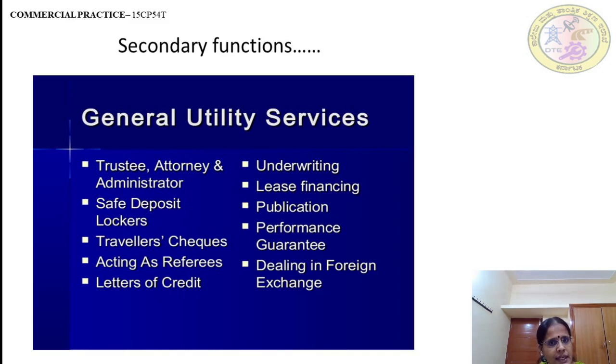In general utility services, we have understood in today's class trustee, attorney and administrator, and the bank also acts as safe deposit lockers by giving safety to the customers' investments, keeping them in a safe manner in the bank. Other functions we are going to discuss at a later stage.